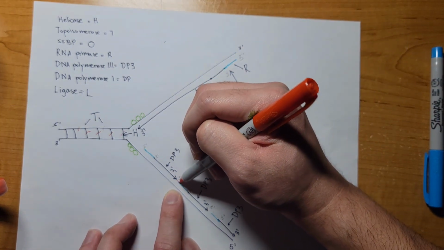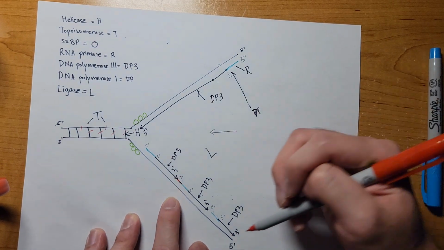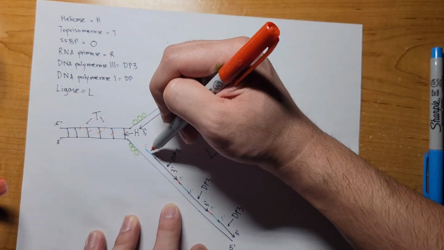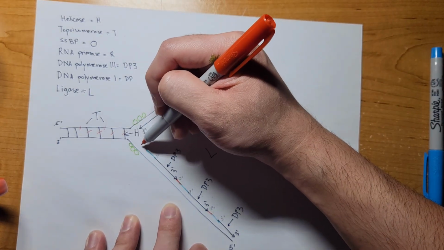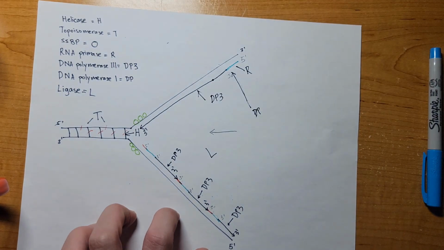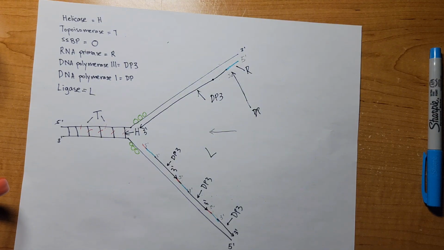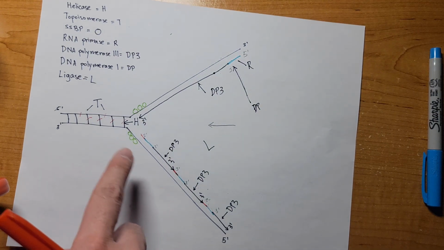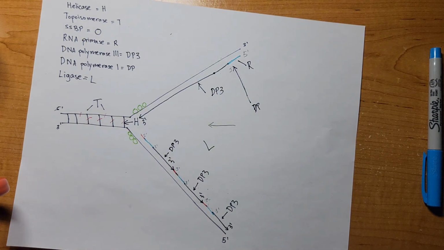So it will fix this and make it one long strand instead. Same right here, and if there's another Okazaki fragment here, it will fix it there. So now you have one continuous strand, and in the end it will be one double-stranded DNA, one whole replicated DNA strand.